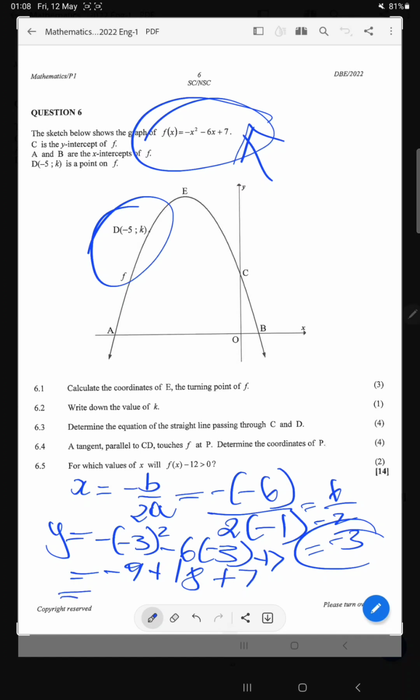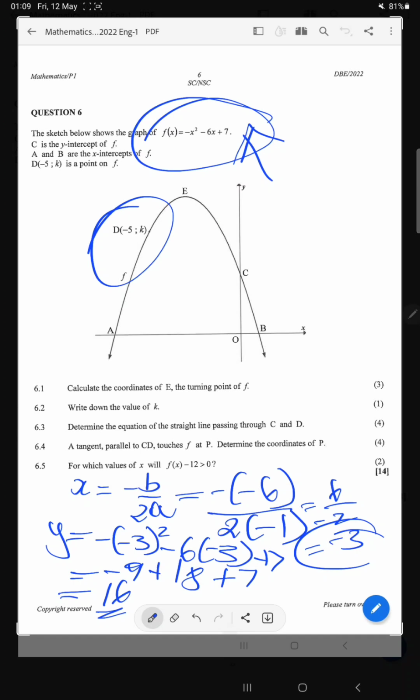Therefore, the y coordinate of the turning point is 16. Therefore, the turning point is minus 3 and 16.